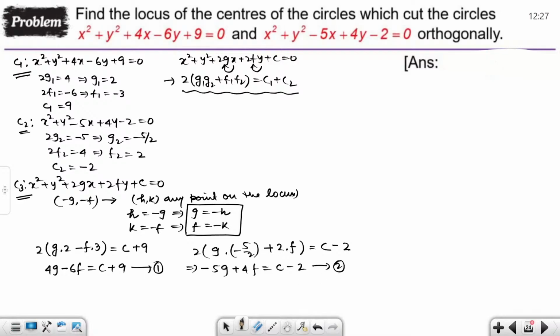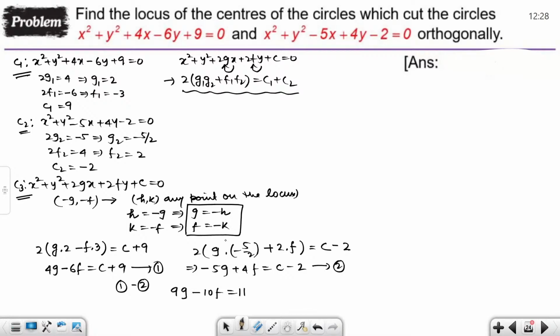So to find out the equation of the locus, I have to find out a relationship between g and f, which eventually gives us the relation between h and k. So if I subtract equation 2 from equation 1, we are going to have 9g minus 10f equals 11. Is it clear?